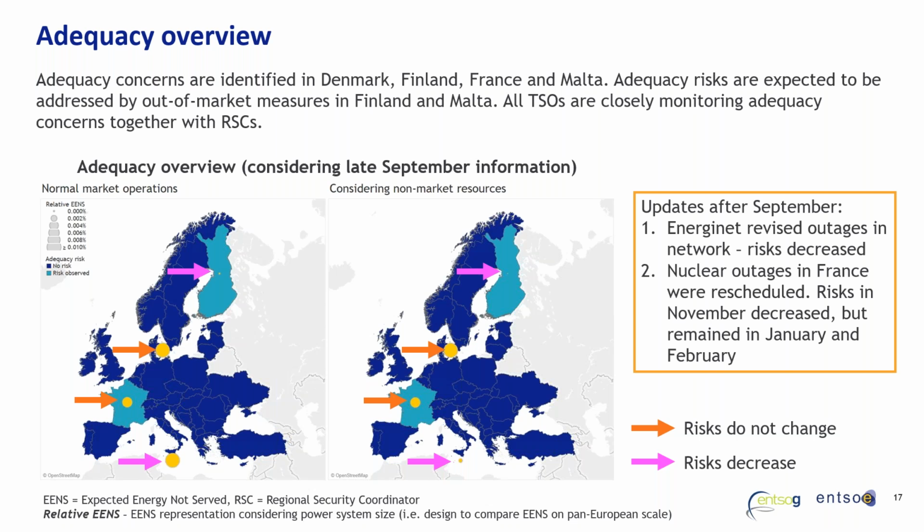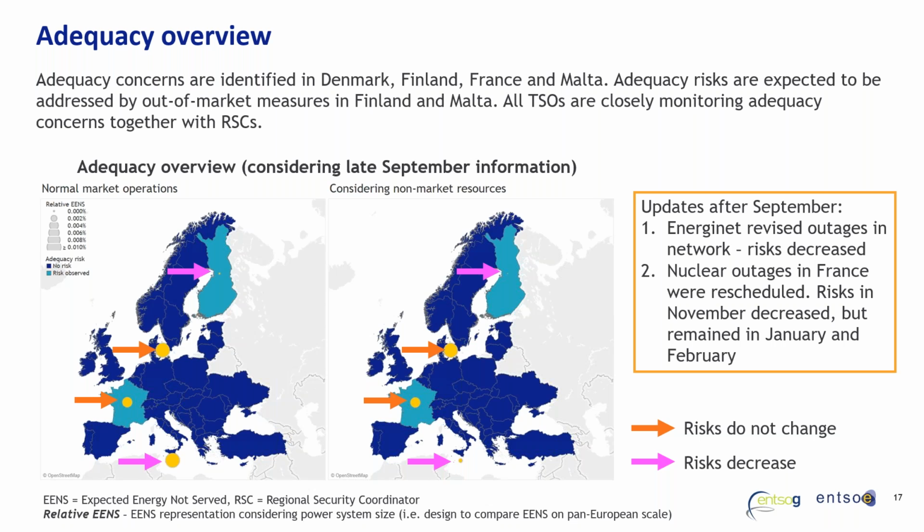This box is here just to remind you once again that the results are presented considering the late September information, and since then there have been some important changes in the power system, namely 2. In Denmark, the risks are mitigated substantially by revising the outage in the network. For more information, you can download the report and check it out.